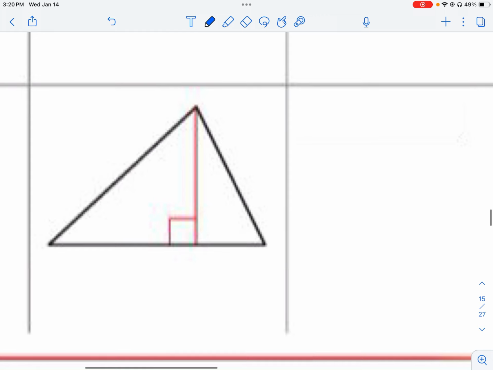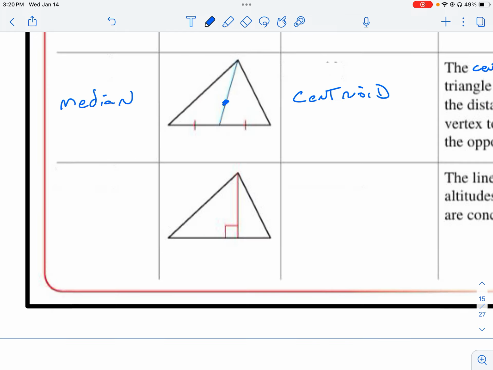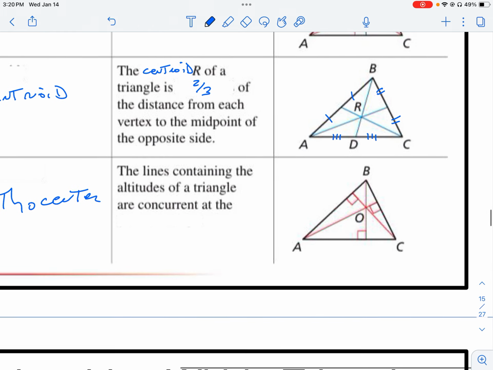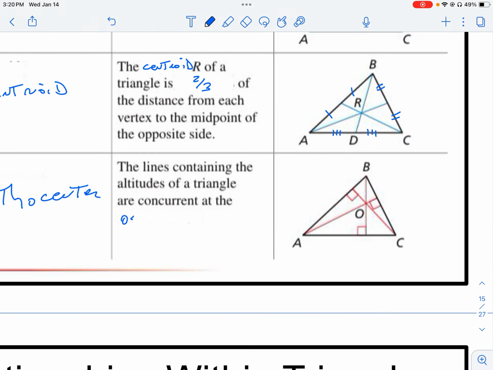And then the last one, a right angle goes to the vertex, so it is an altitude. Altitudes are concurrent at the orthocenter. And the orthocenter has no superpower other than it exists.